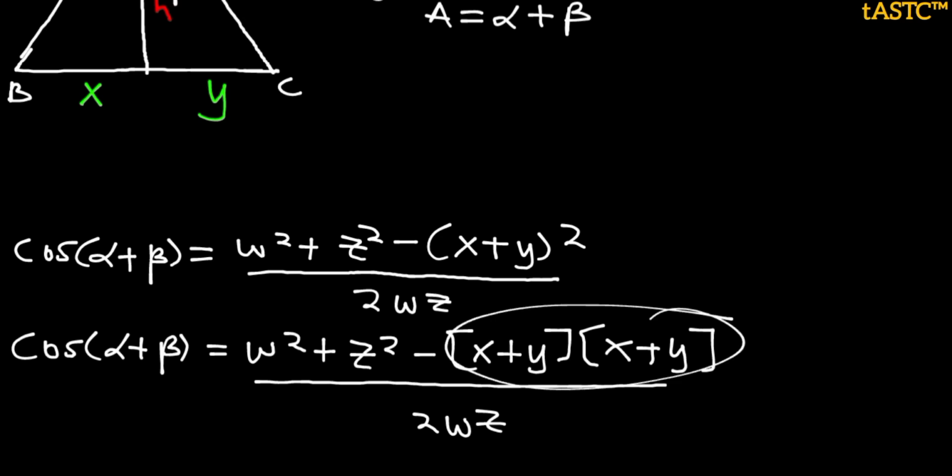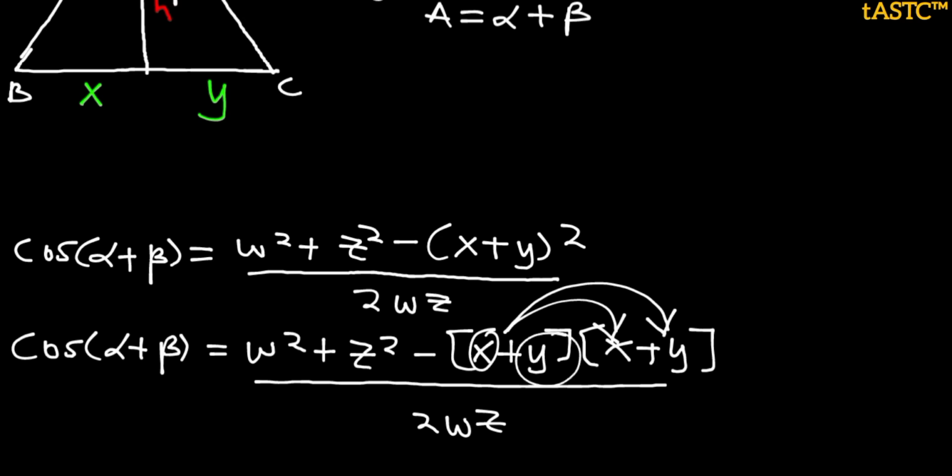Now we need to work this. First we take x and multiply with x. Later on we take x and multiply it with y. And we do pretty much the same thing with y: y multiplied by x and y multiplied by y.